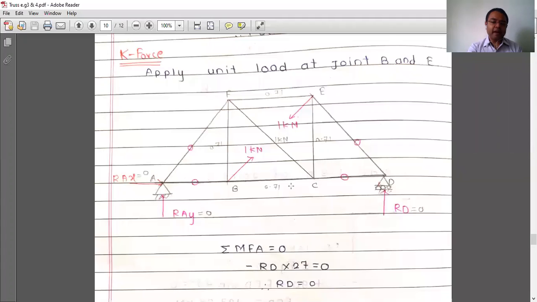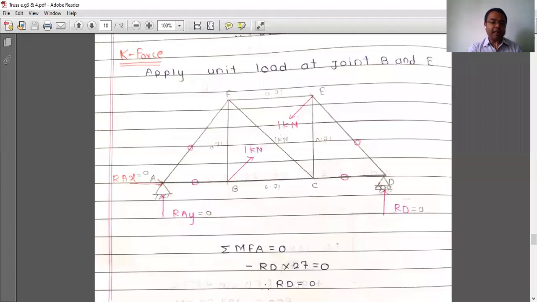That is, at A and at D there are the supports. We have to find the support reactions. Okay, but in the K force analysis, we have removed the external applied force. We have provided a unit tensile force in the member. This 1 Newton is applied in the member.